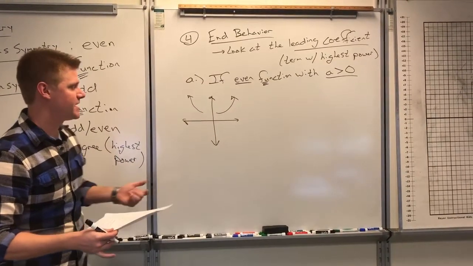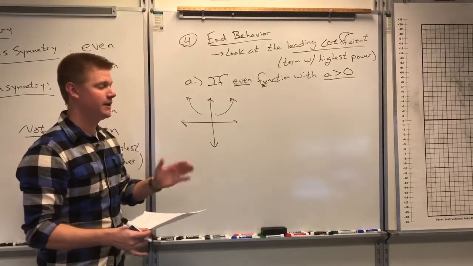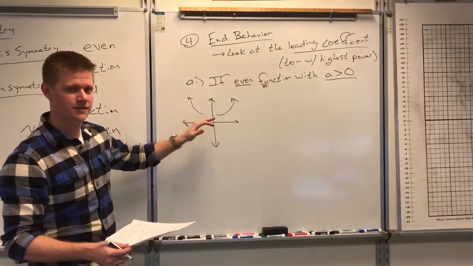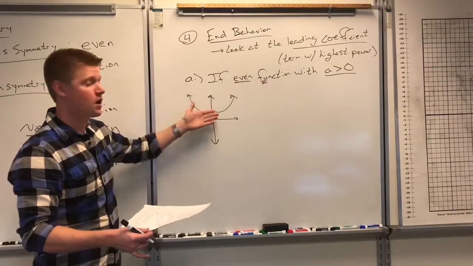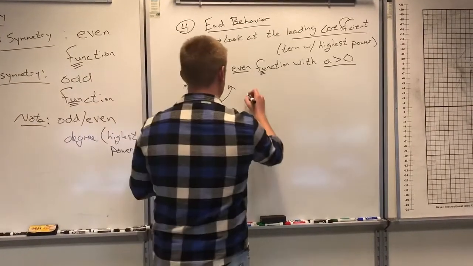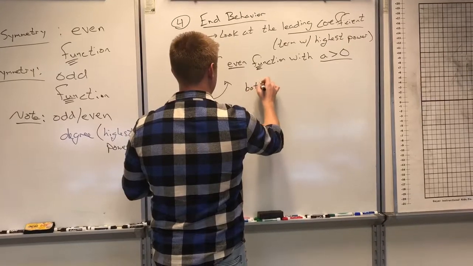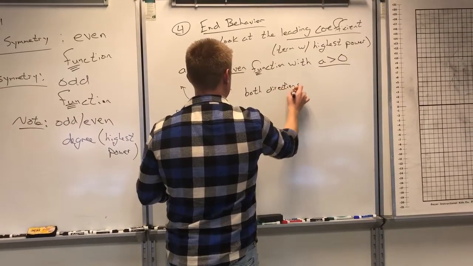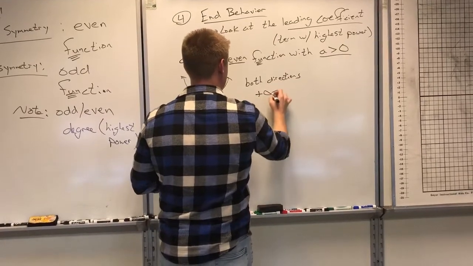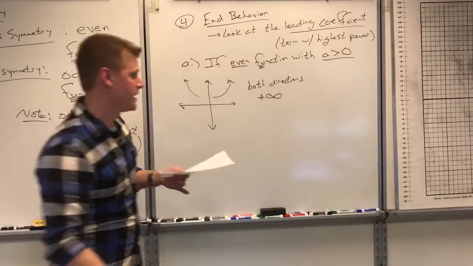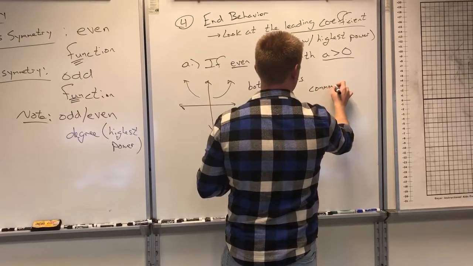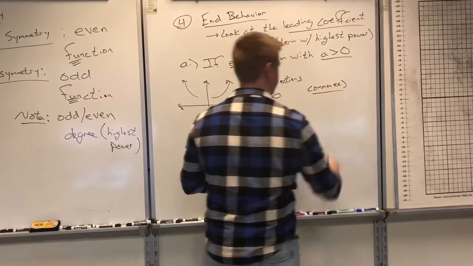What I want to emphasize is this is exactly like any parabola. So any even degree will always do this at its tails, okay, regardless of what happens in the middle. So you can think both directions to positive infinity, and a common example of this, of course, as I mentioned, is x squared.